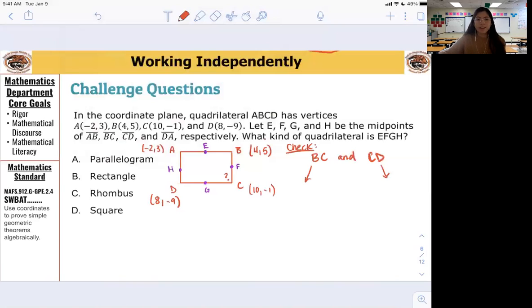Let's get to it. At this point, I want it to be nice and quick. So we're going to do this together. BC, what do I plug in for my slope? -1 minus 5 over 10 minus 4. -1 minus 5 is -6 over 6. So I get -1. Yay! Okay, good, nice and quick. What about for CD?